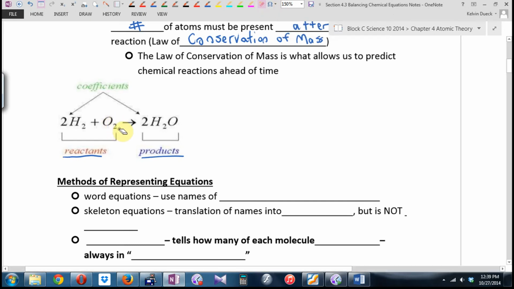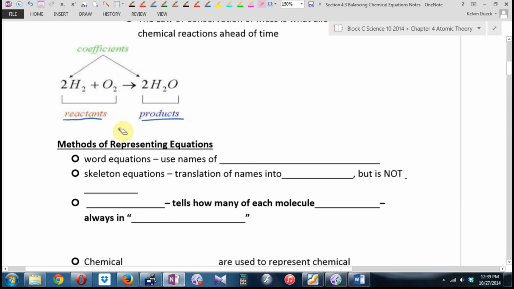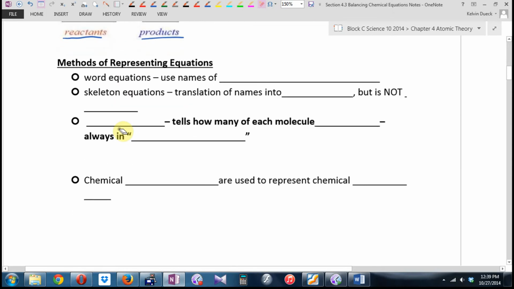These are those diatomic molecules or atoms that we talked about a few days ago, and we'll be re-mentioning that in this unit. How can we represent equations? Well, first we have word equations. That's where you use the names of the reactants and the products.